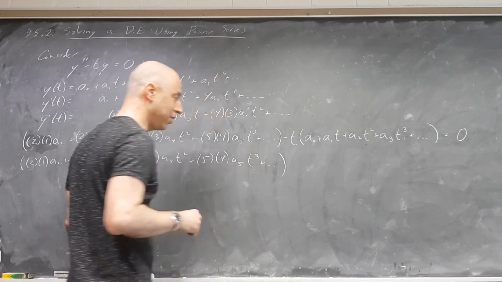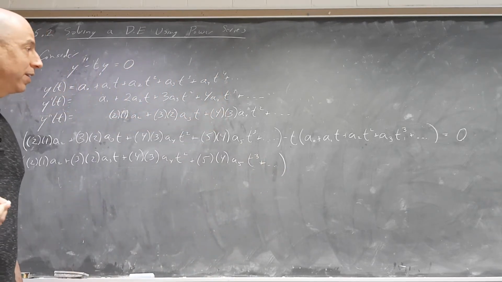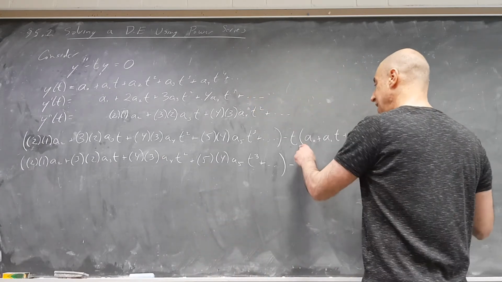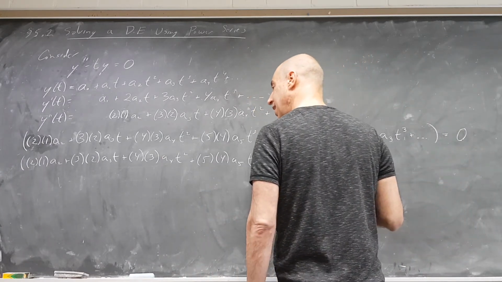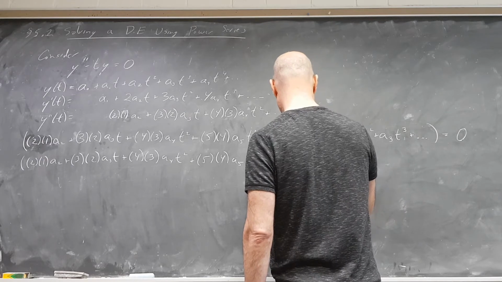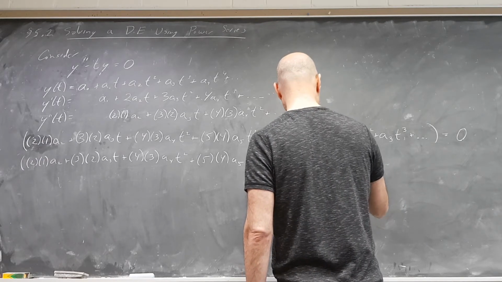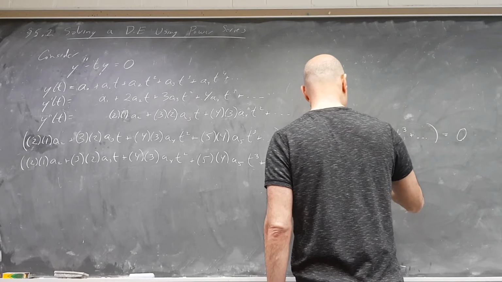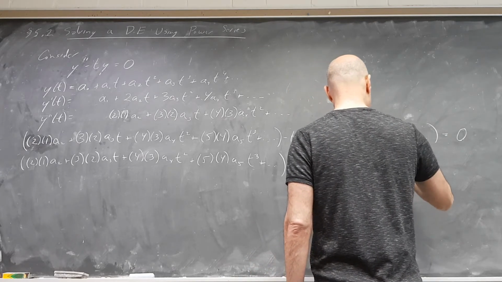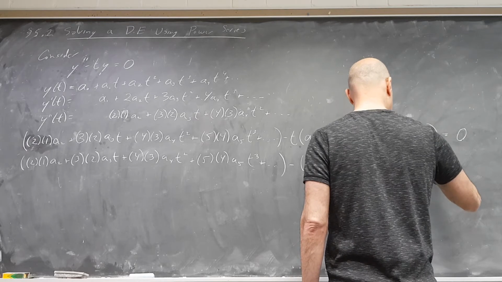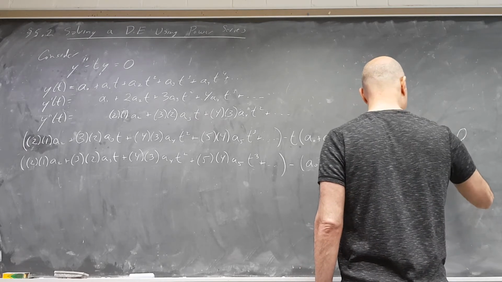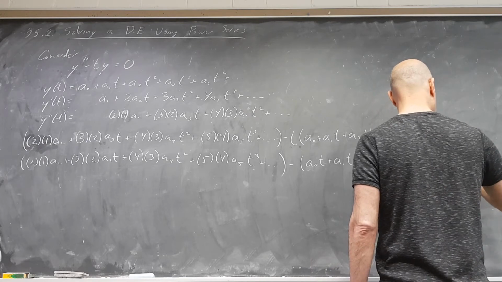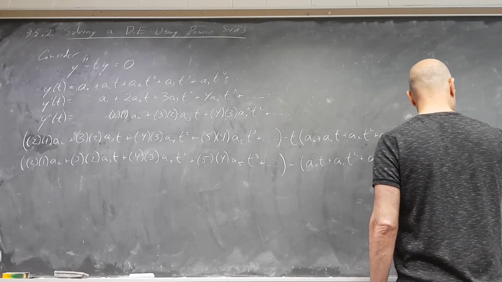I suppose the hardest part of this is your arm getting tired. Minus, we multiply the t in. What we have is A0t plus A1t squared plus A2t cubed plus A3t to the fourth plus and so on. And that still equals 0.